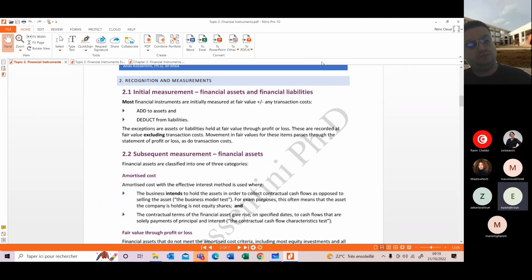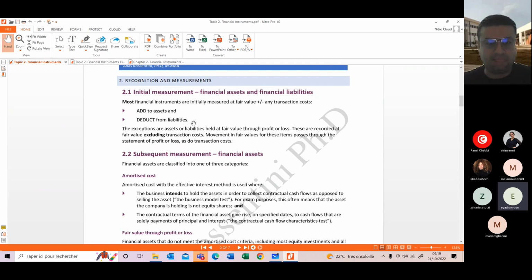But from the investor you're going to be adding this to the cost of the asset. That's why: add to assets and deduct from liability. Add to asset is the perspective of the investor, we deduct from the liability is the perspective of the issuer.